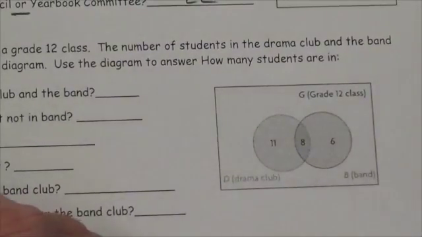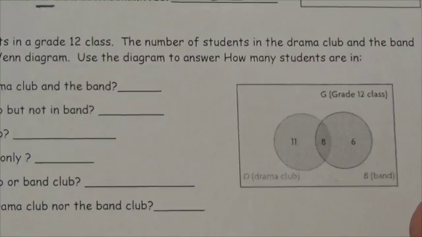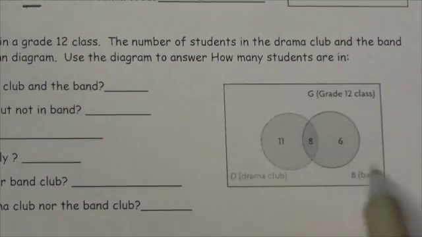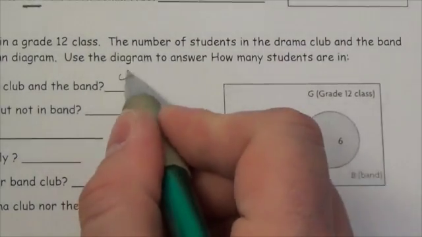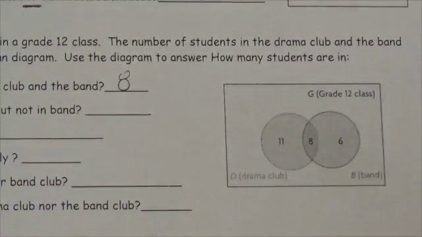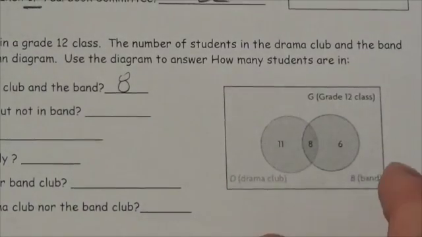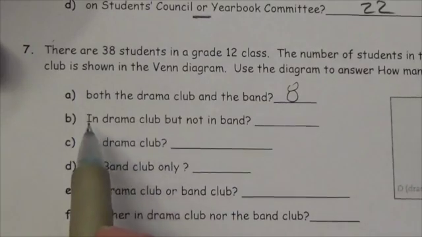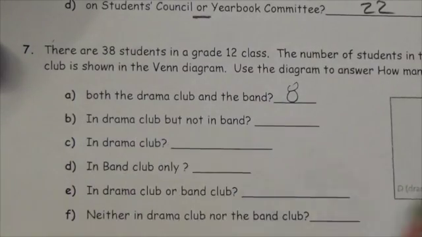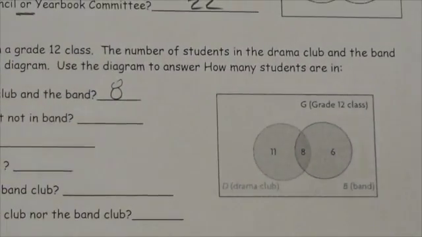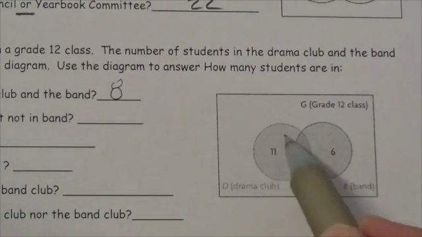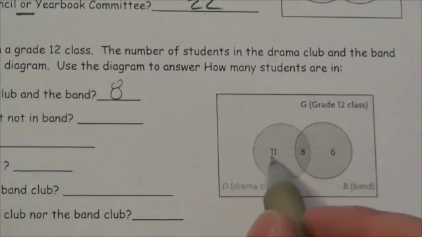Okay, are in both drama and the band. Okay, so here's drama, here's band. There are 8 that are in both. Okay, that's that intersection between the two of them. How many are in drama club but not in band? So only drama. And that's this section right here where it doesn't intersect, and that's 11.